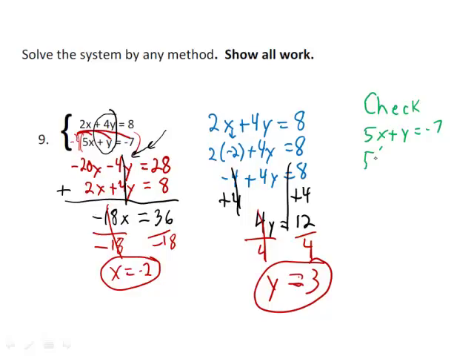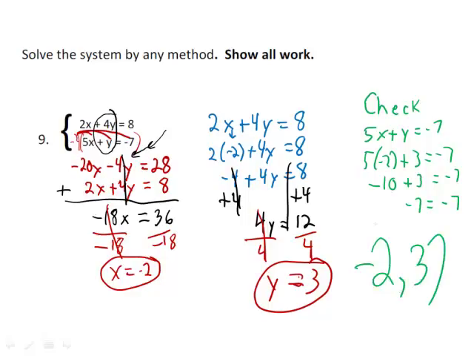So we have 5 times negative 2 plus 3 equals negative 7. It's negative 10 plus 3, negative 7. And it worked. So that is our answer, negative 2, 3. All right, on to the next one.